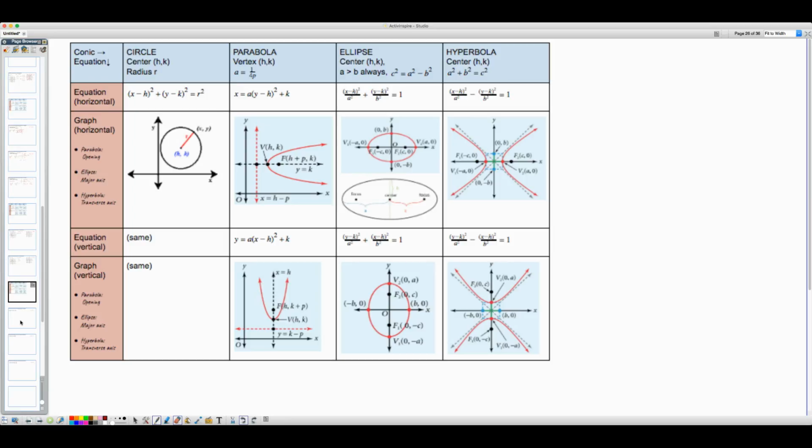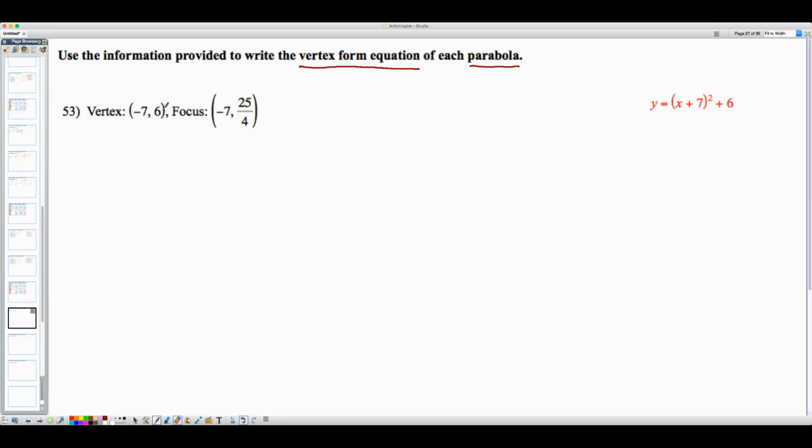And let's look at this. 6 over 4 times 4. This could be written as 24 fourths, and this is 25 fourths. So if I were to just sketch a quick graph of this, I'm going to go at negative 7, 6.